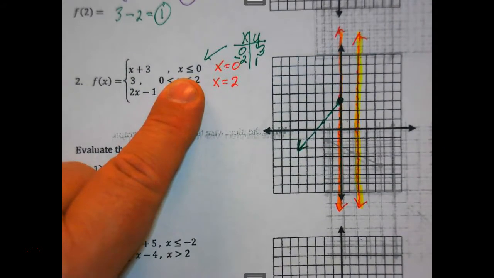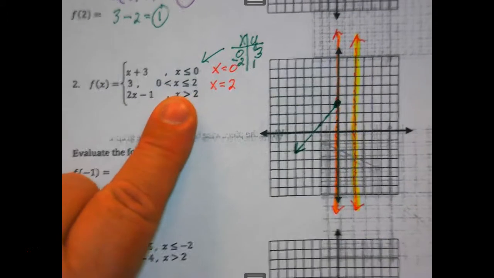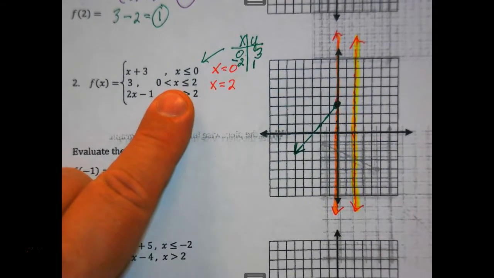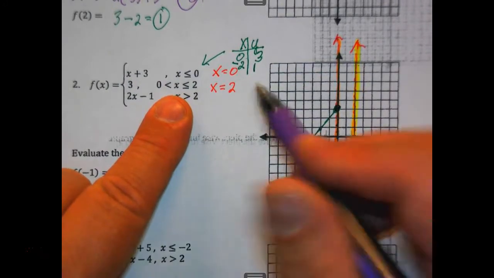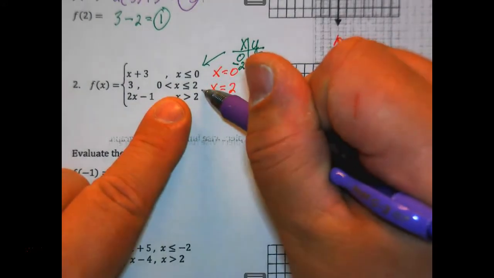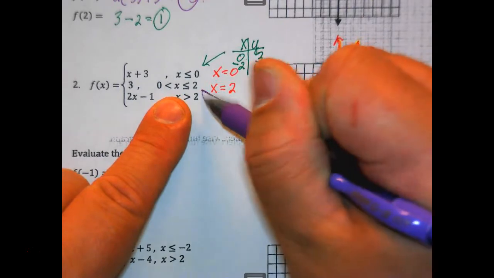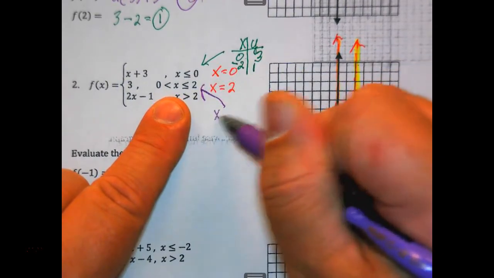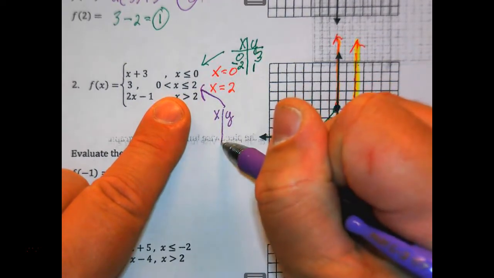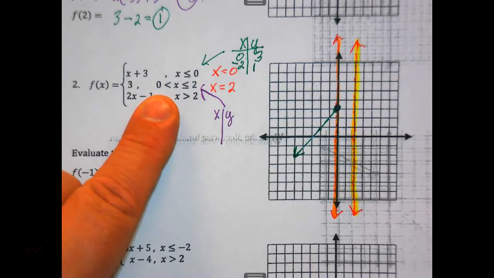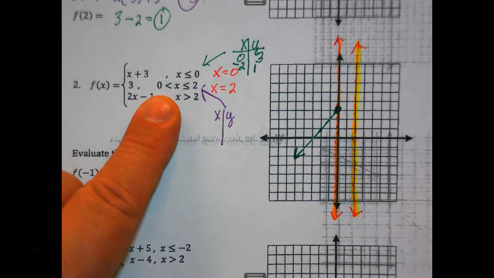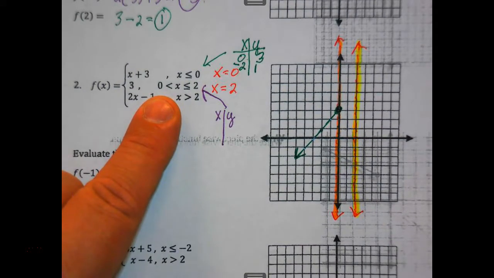You with me? Okay, the next restriction. I still have to make my XY chart. This time I'm going to pick my two boundary points.